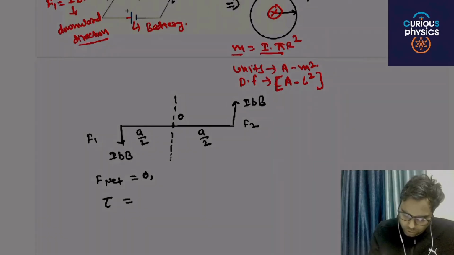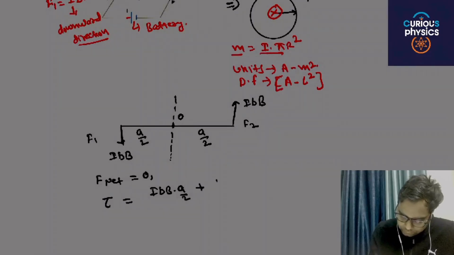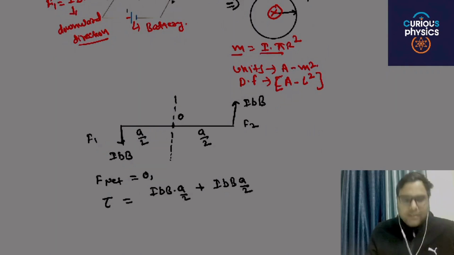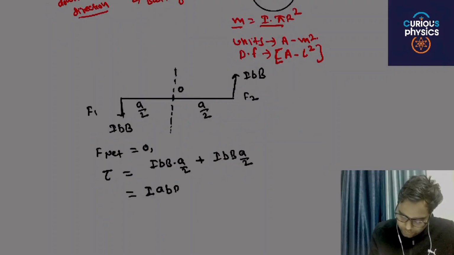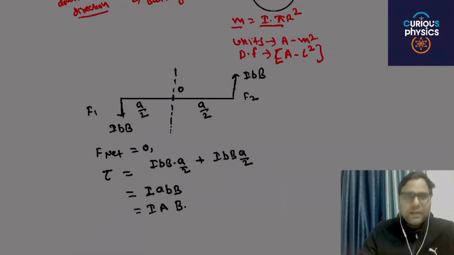So the torque is IBb a by 2 plus IBb a by 2 from the second force. So you will get the value I a b into B, or you can say I A B. This is the value of torque.